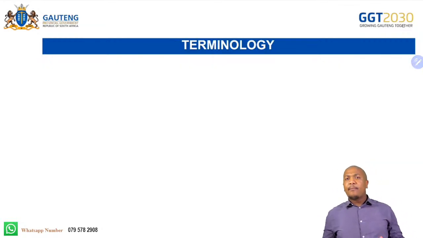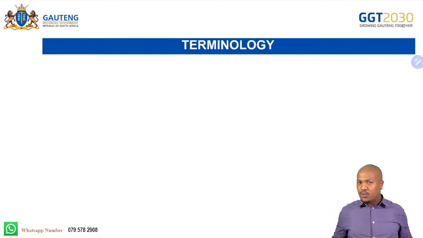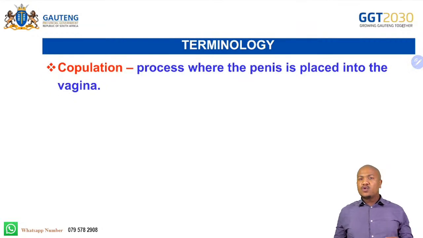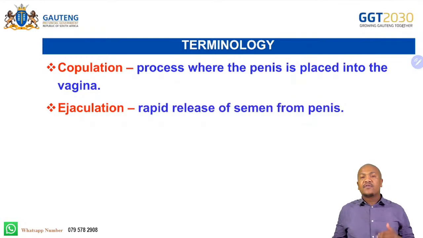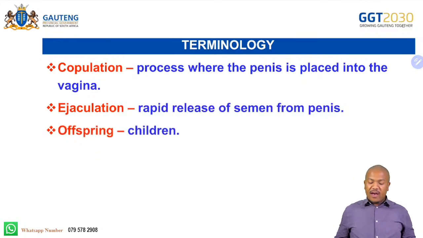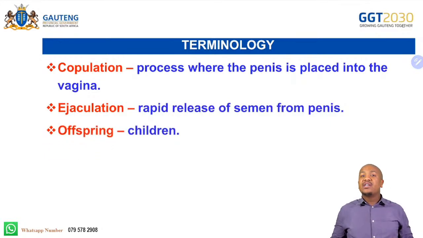Now let's look at the important terms that are associated with this lesson. The first one is copulation. Copulation is the process where the penis is placed into the vagina. Secondly, we have ejaculation, which is the rapid release of semen from the penis. Then we have offspring, which is simply babies or children.